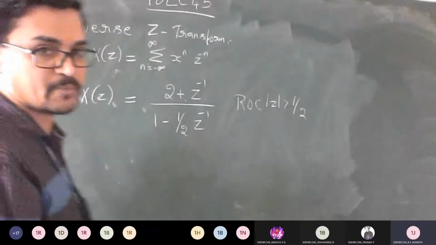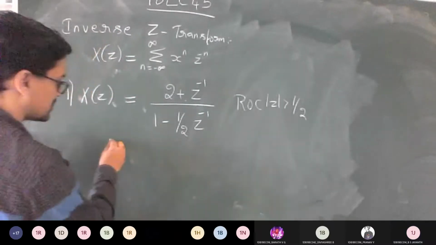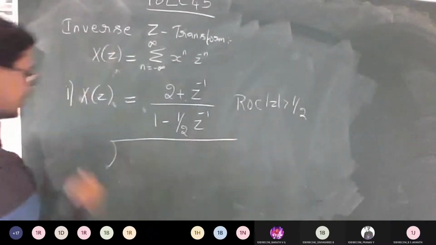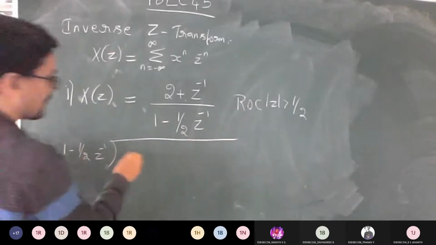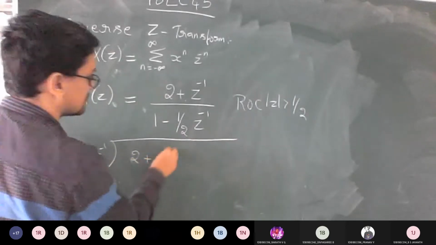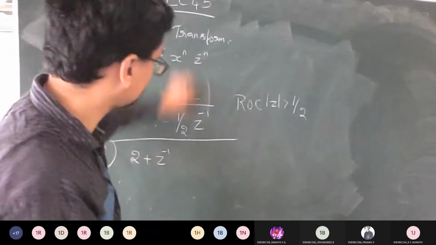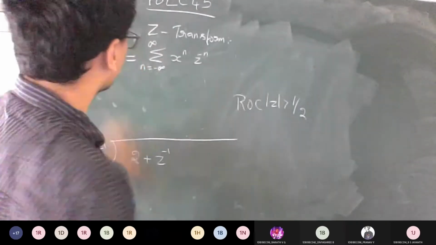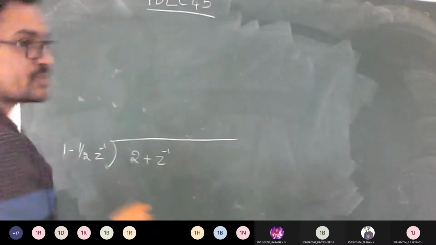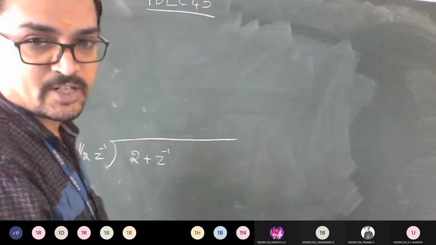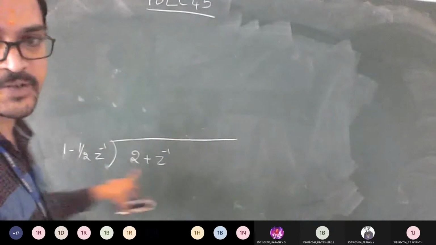So how to divide this? I hope you remember the procedure, right? There was a long division technique like this. I used to write my denominator here and numerator like this. Let me write a little bit above so that the answer will be visible. Whatever the question we have been given, the denominator will be here and the numerator will be here.